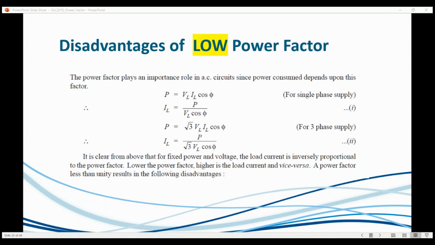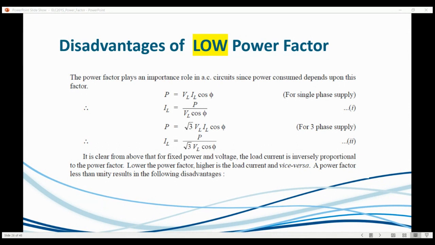They say it is clear that for a fixed power and voltage, so we're keeping that constant, the load current is inversely proportional to the power factor. So what it means is that a low power factor results in a higher load current, and vice versa.